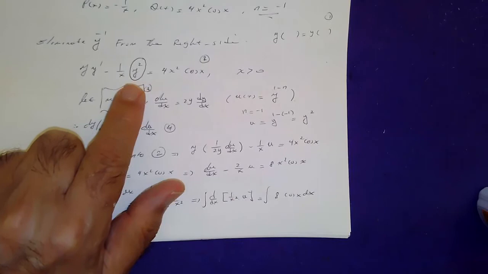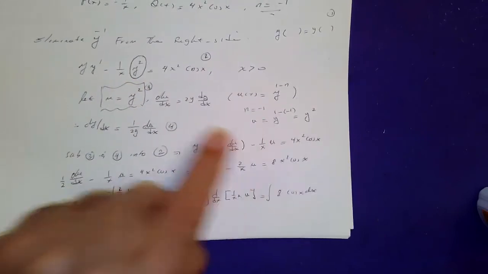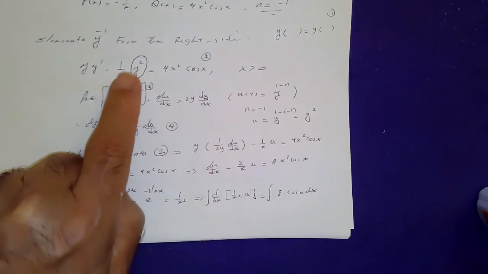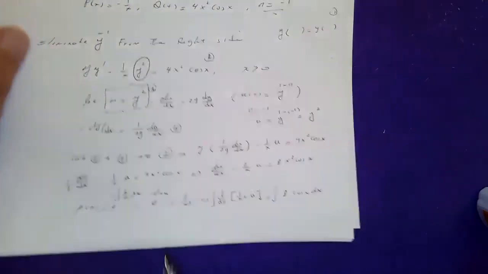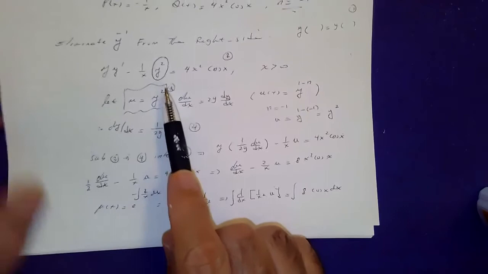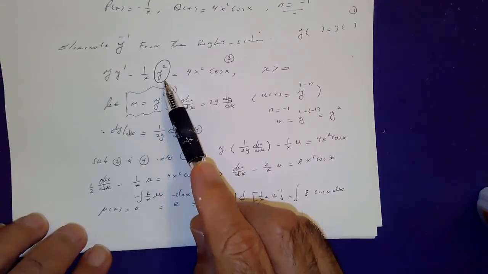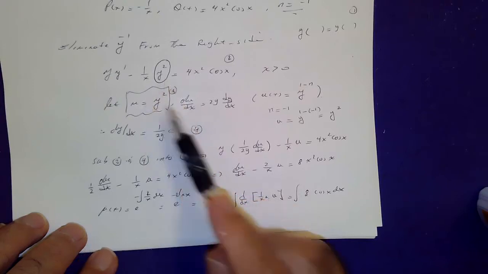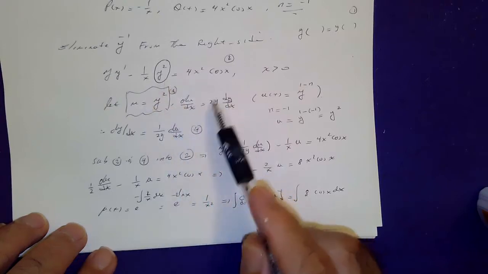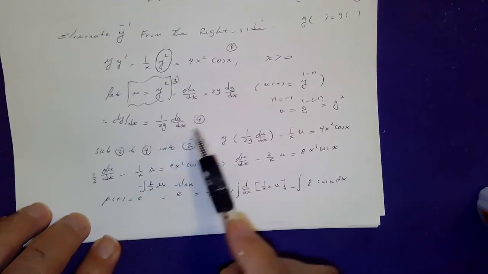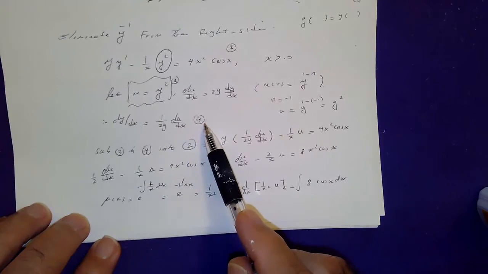Do you see it? You don't have to memorize this because, as I said, once you eliminate y to the n on the right side, then the coefficient of p of x, which is a function of y here, let that be u. Take the derivative, solve the derivative for dy dx, and call that equation number 4.